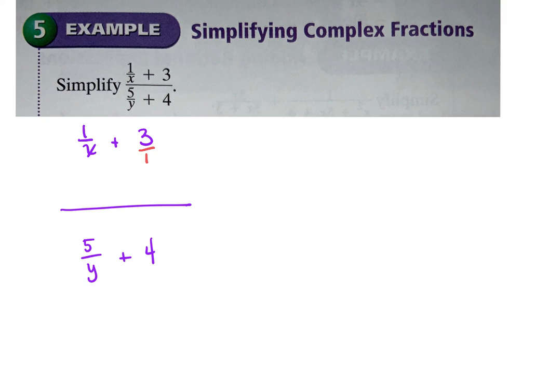Just 1x, right? So I have to use the x and the 1, so that gives me just an x. For this one right here, 1 over x, is it missing anything? It has the x. Do I need to multiply by anything? No, it already has the common denominator.